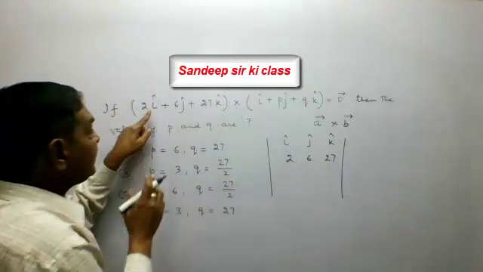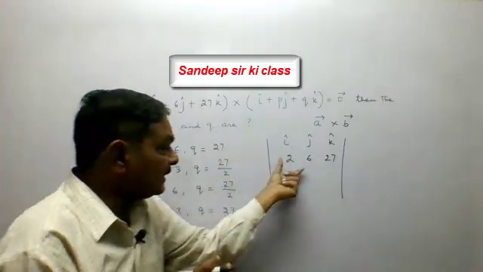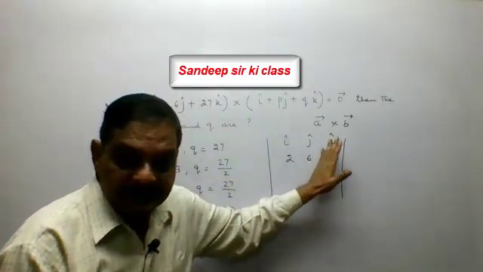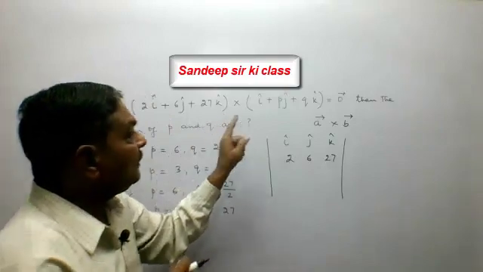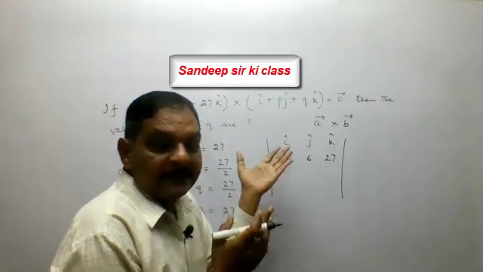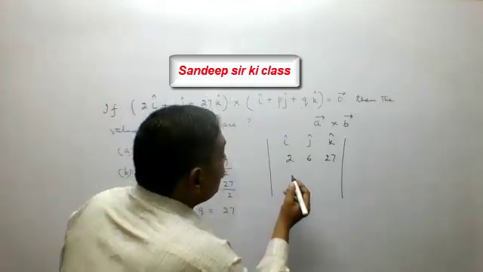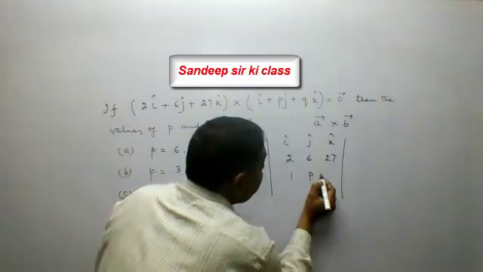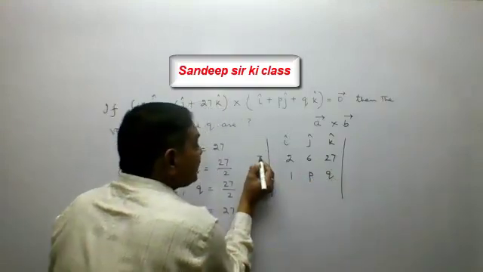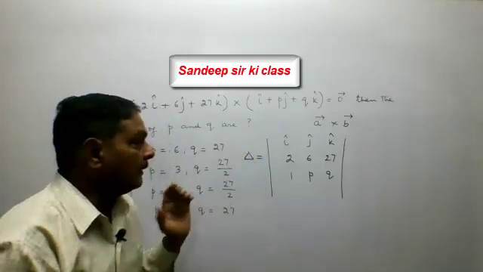These are the coefficients of i, j, k respectively in the first vector that I have written here, made the second row. Third row will be the coefficients of i, j, k given in the second vector. These are 1, p and q. This is our cross product. Let us say this is equal to delta.